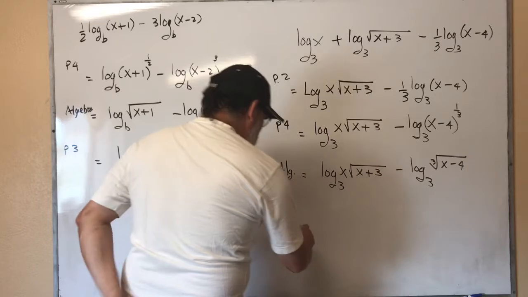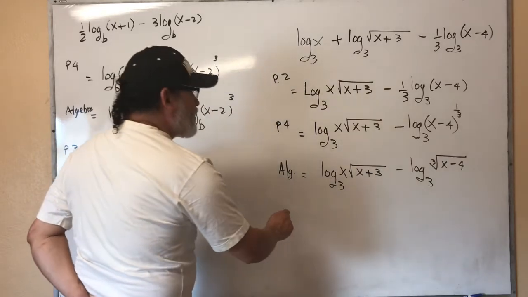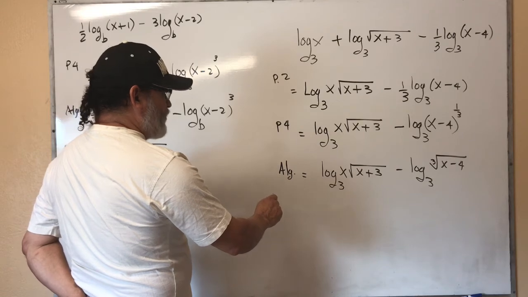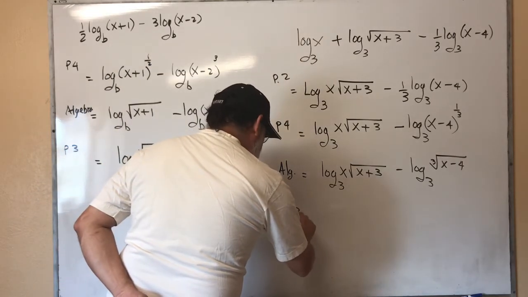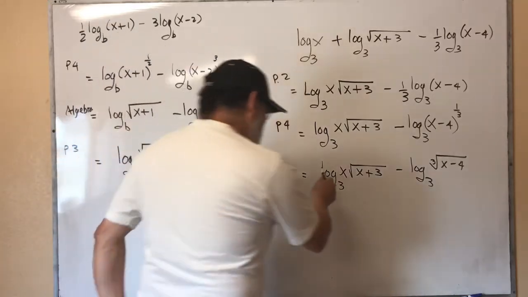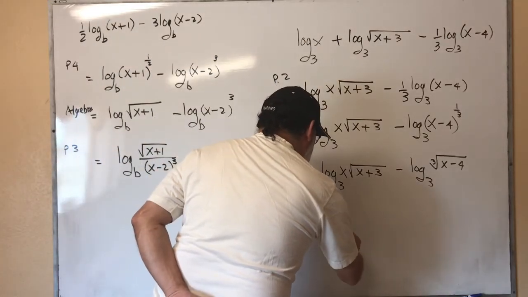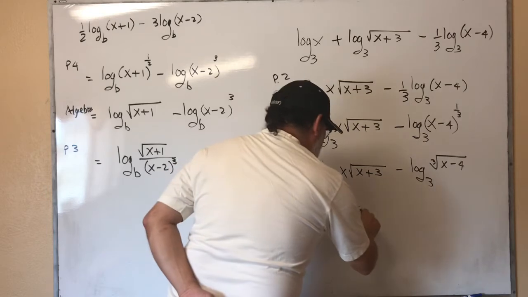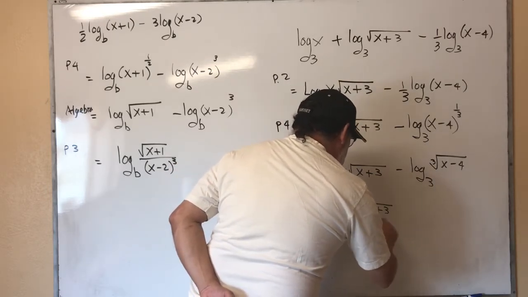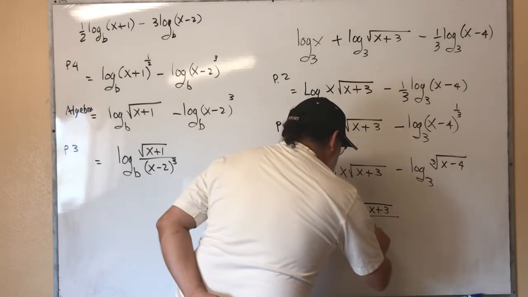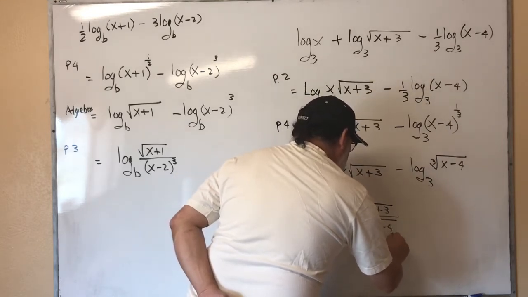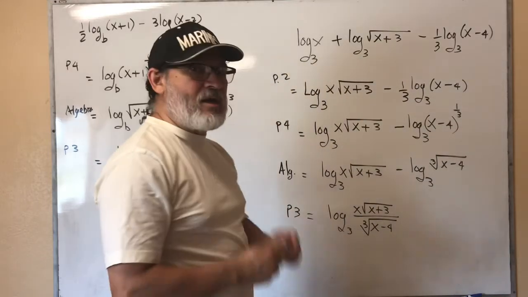Okay, property number 3, the quotient rule. So this is the log base 3 of x, the square root of x plus 3 divided by the cube root of x minus 4. And we're done. Okay?